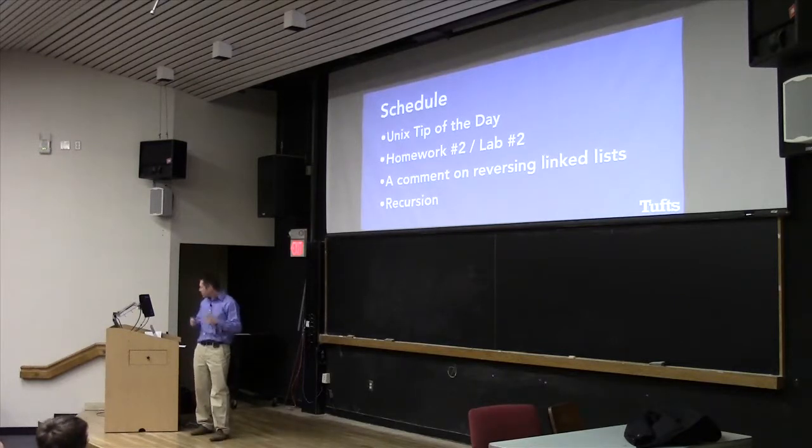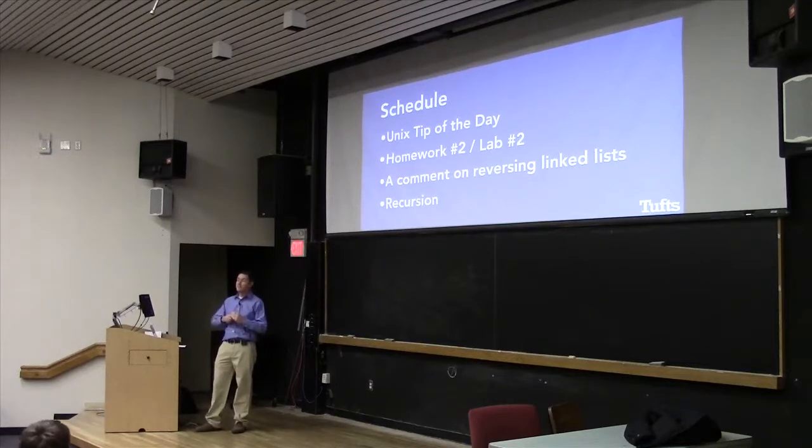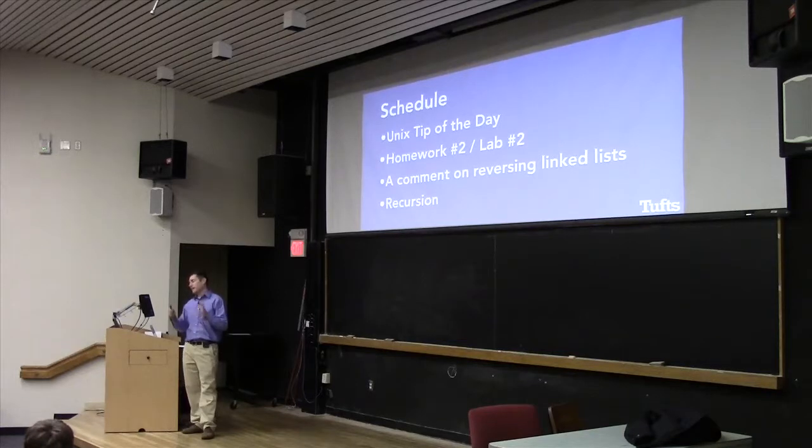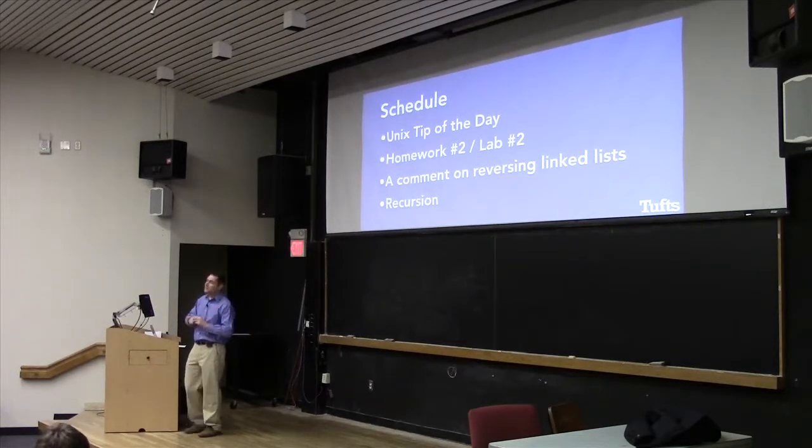All right, so here's what we're going to do today. We're going to do a Unix tip of the day. Then we're going to talk about homework 2. Some of you guys actually found homework 2 online yesterday. I put it online in the middle of the day yesterday and was still tweaking it a bit, but it should be good to go at this point. We'll talk about what homework 2 is going to entail. And then I'll briefly mention Lab 2, which starts today as well. The nice thing about Lab 2 is it's going to prepare you to do at least part of homework 2.